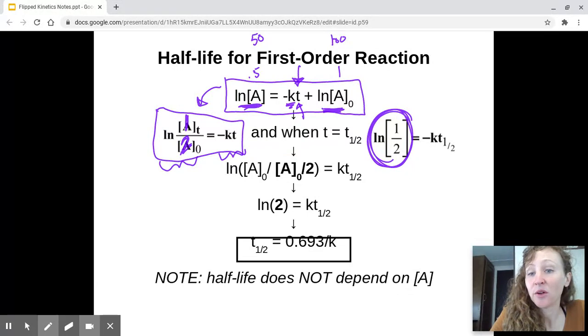And then natural log of 1/2 is a real number. That's an actual number.